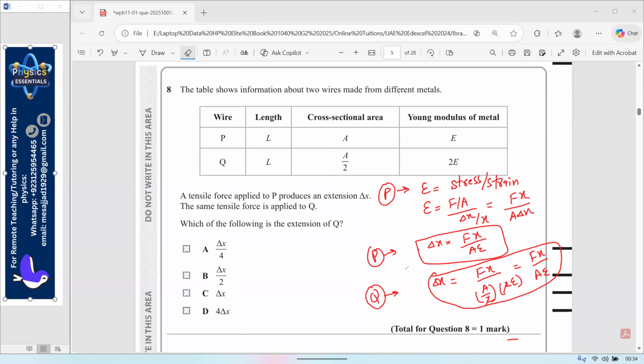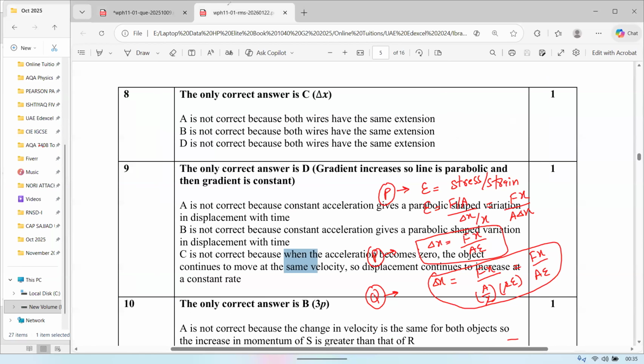Therefore, the answer to this question is C. As you can see in the mark scheme, it is C.